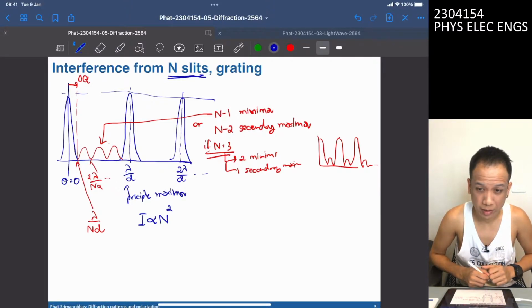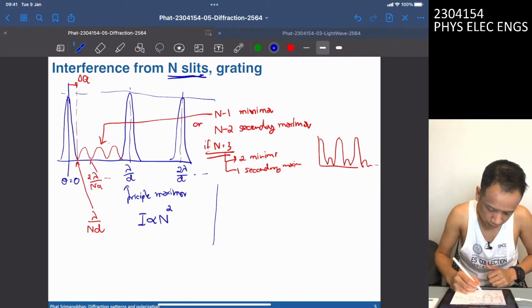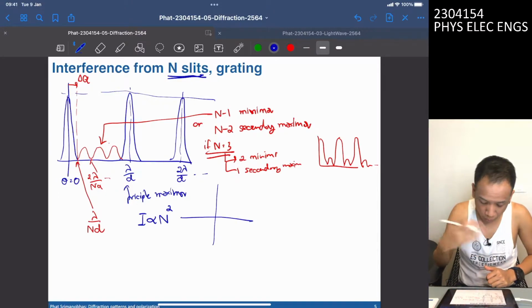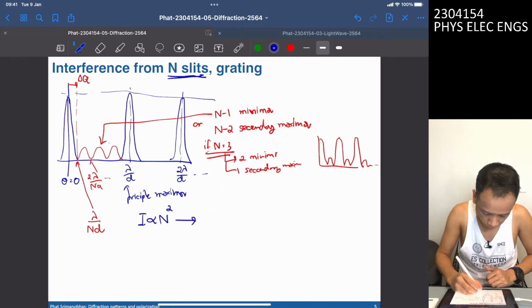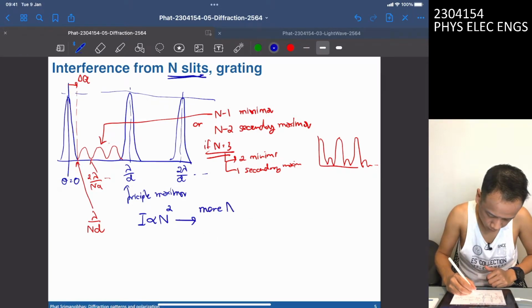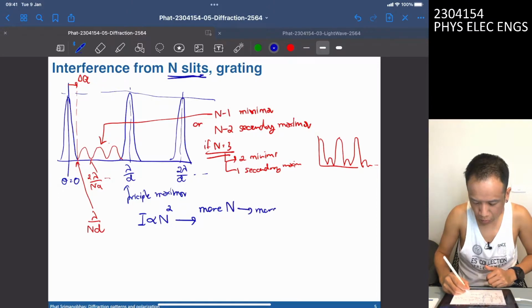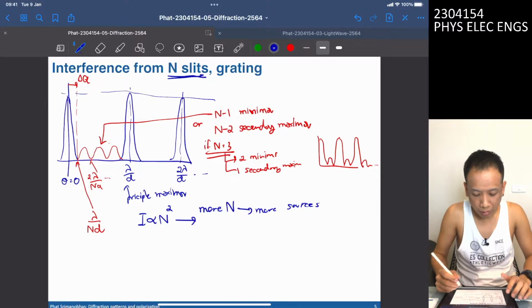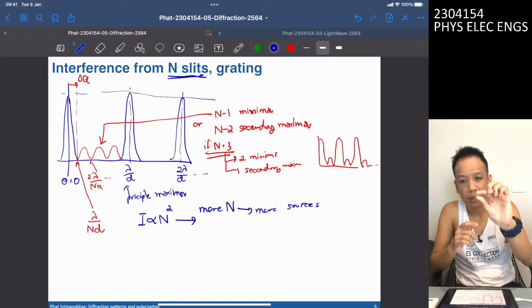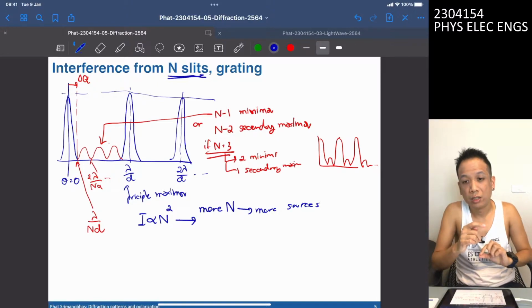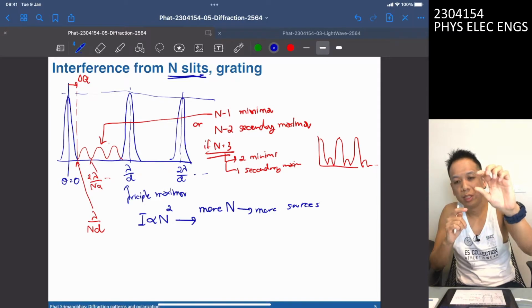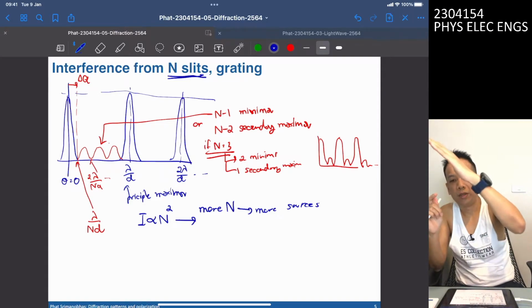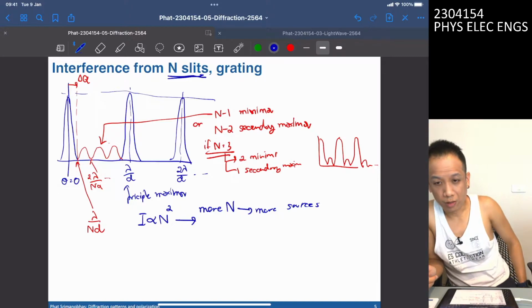Why is it in that case? Because first, when you have more n, it means you have more sources, because each slit is a source of the Huygens principle. It's a source of the wave, and these sources will interfere with each other on the screen.